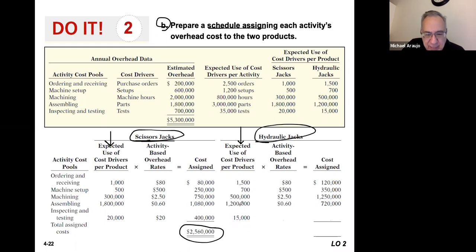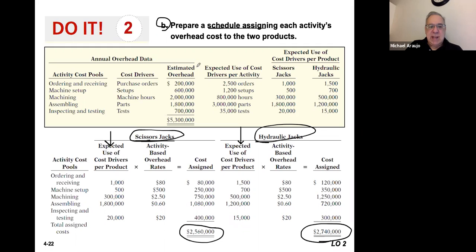Yes, let's do our part. Less parts are needed for that, and looks like there's going to be more tests. No, actually less tests, sorry, 15,000 versus 20,000. And so when you add all those up, the costs of the hydraulic jacks in total, $2,740,000. Okay.